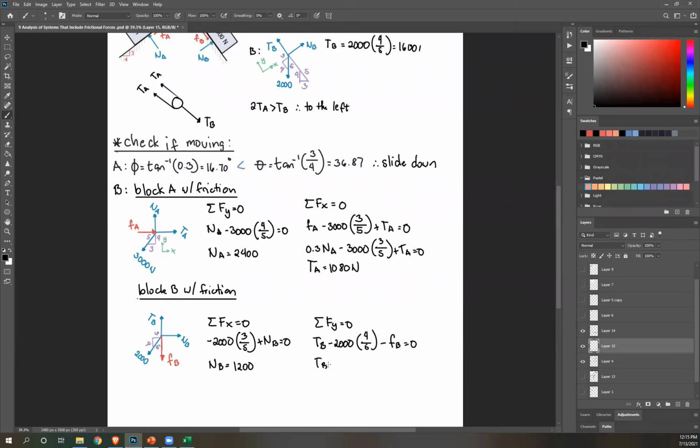And once again, FB is just mu N, so 0.3 times NB equals 0. From this, you can solve for TB. And TB is 2,080.